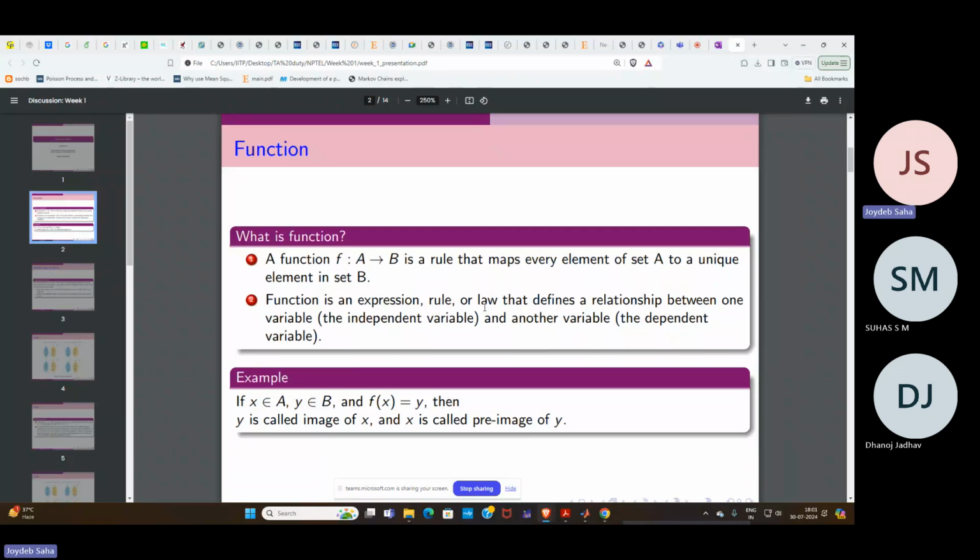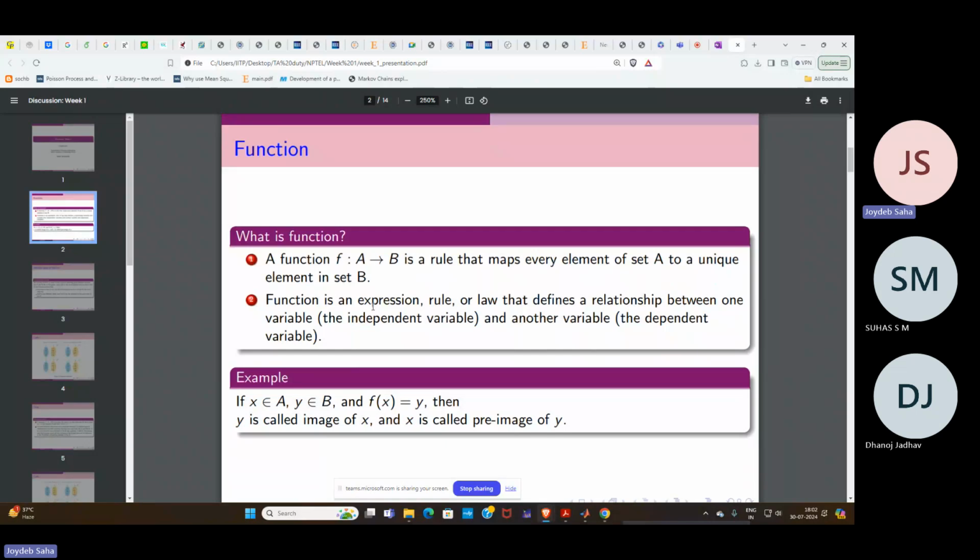So the very basic thing is function. What is a function? As we know, especially in mathematics, we have used functions everywhere. But what is the definition of function?